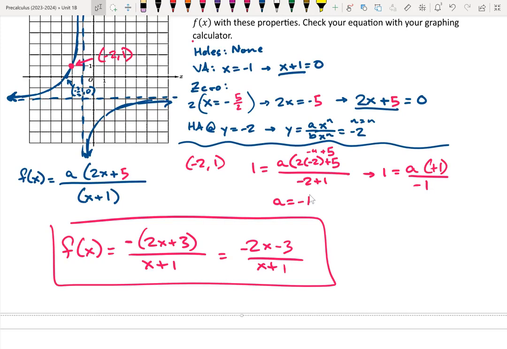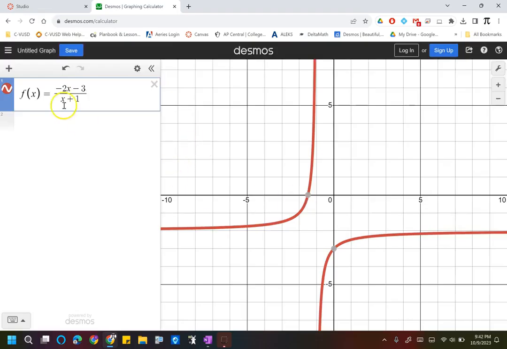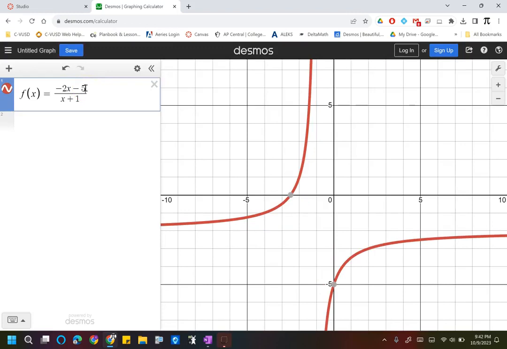It's interesting. It still says that my... oh, that's why, I didn't change this. This should have been plus 5 here. Oh boy, everything's there. But regardless, if I change that, my x-intercept was still negative 1.5. Let's make that adjustment so it gets what I want, and that is correct, with (-2, 1) being a point right here.